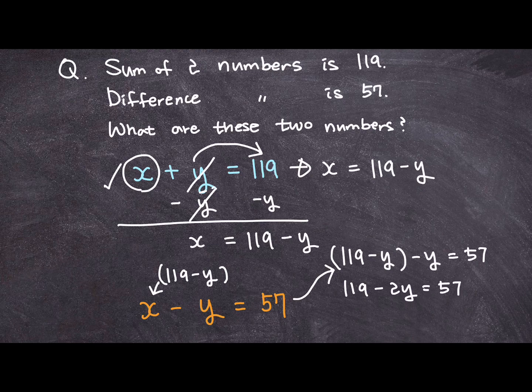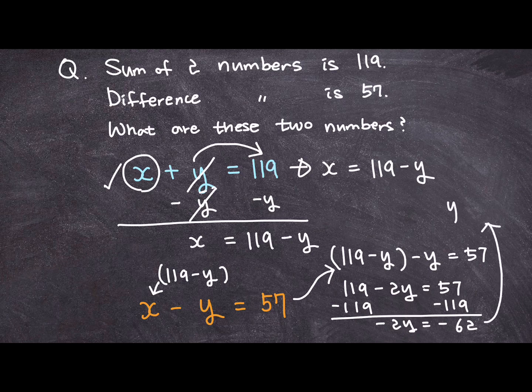If I subtract 119 from both sides of the equation, I'm left with negative 2y on the left side, and on the right side I have 57 minus 119, which is negative 62. If I divide both sides by negative 2, I'll get y is equal to 31.